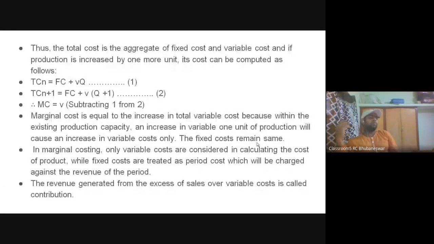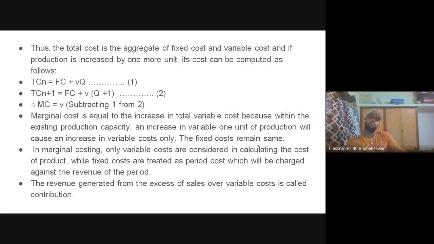So what is the theoretical part, or in equation terms, how can you find out the marginal cost? Here it is given that the total cost is the aggregate of fixed cost and variable cost. So we know that the cost structure can be segregated into two forms, one fixed and another variable.